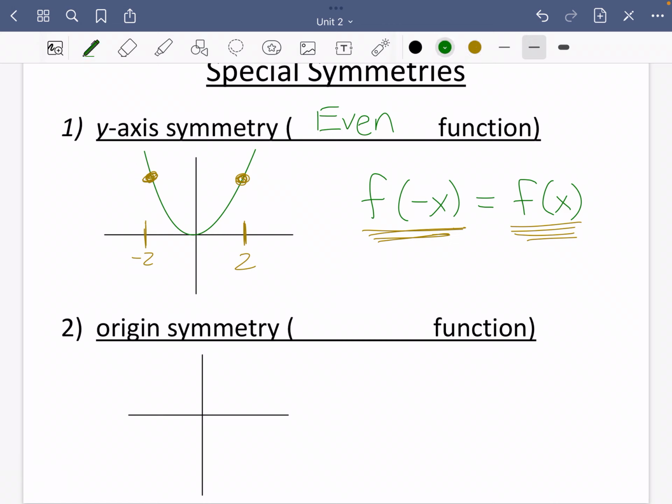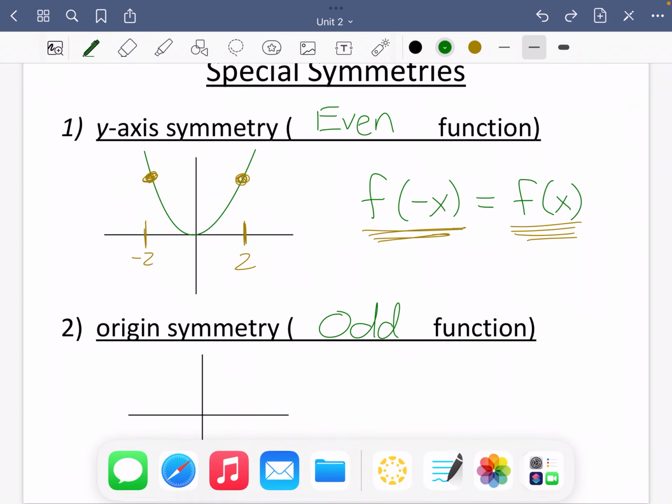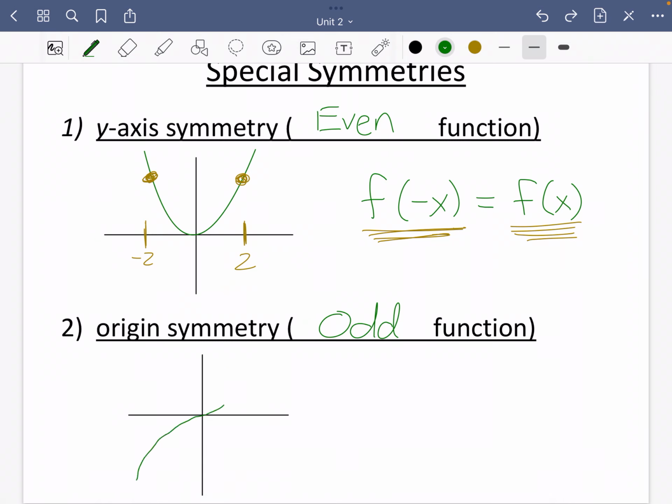We could also have symmetry about the origin. That's an odd function. So for odd functions, you have symmetry about the origin. So this would be an example of an odd function. In our function notation, we would say f of negative x is equal to the negative of f of x.